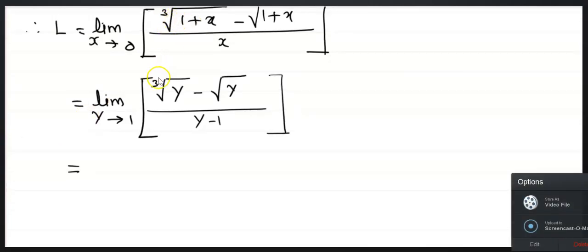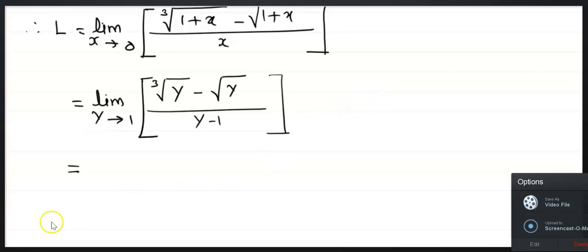Now here, that is a cubic root of y minus square root of y upon y minus 1. Again, we want our regular format. What is that? x raised to n minus a raised to n upon x minus a.